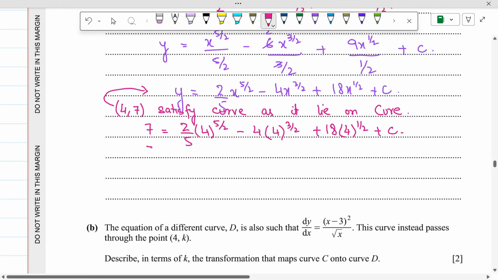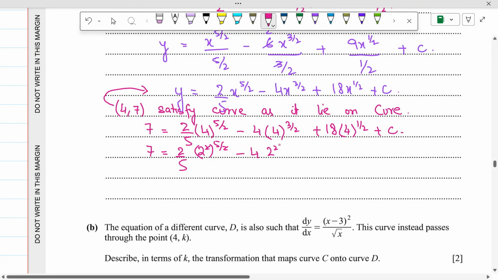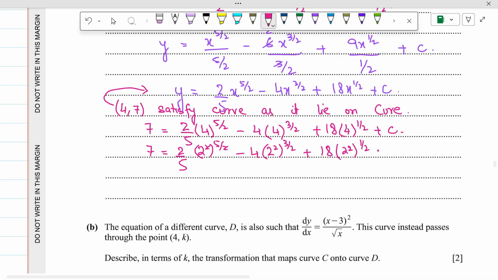So 7 equals 2 over 5 times, 4 is 2 squared, to the power of 5 by 2. This will cancel out, minus 4 times 2 squared to the power of 3 by 2, plus 18 times 2 squared to the power of half, plus c.